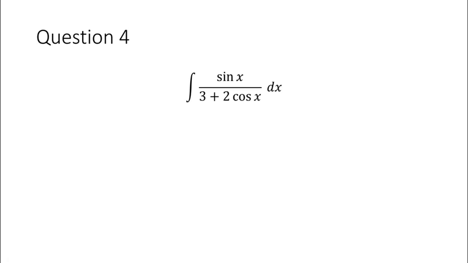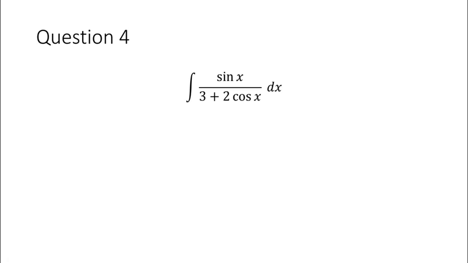If we differentiate 3 plus 2 cos x, the 3 goes to 0, and differentiating 2 cos x gives minus 2 sin x. So if we differentiate our denominator, we end up with a result that is a multiple of the numerator.